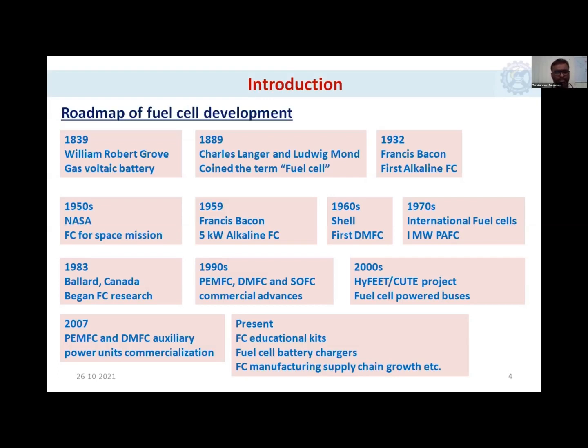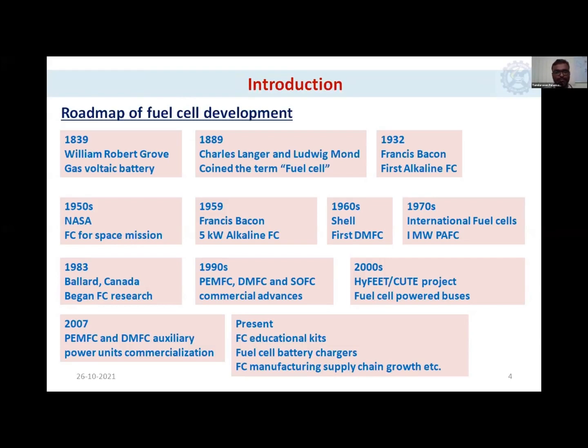The major breakthrough, from my perspective, is the HyFleet project, which demonstrated that a fuel cell can power even a bus. That is the starting point, and from that we have seen a lot of development.